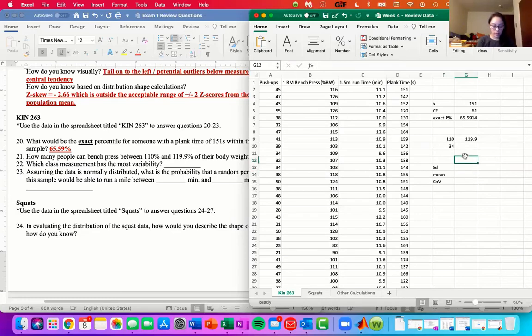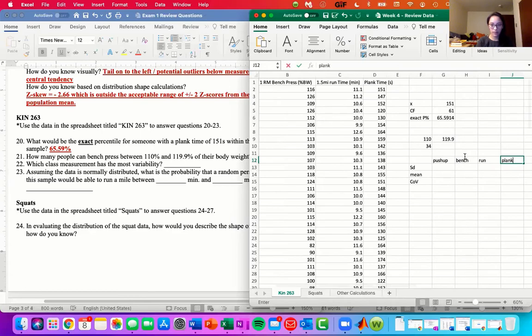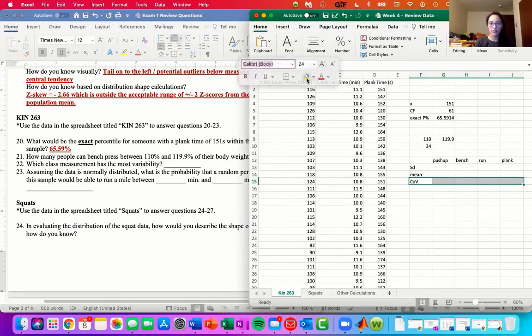So we'll have push-up, bench, let's say runtime, I'll just put run, and plank. This is the actual row of interest, just so I'm making that clear.